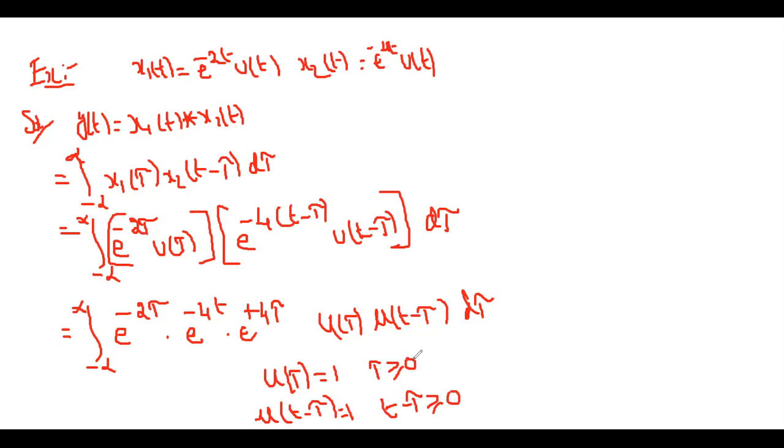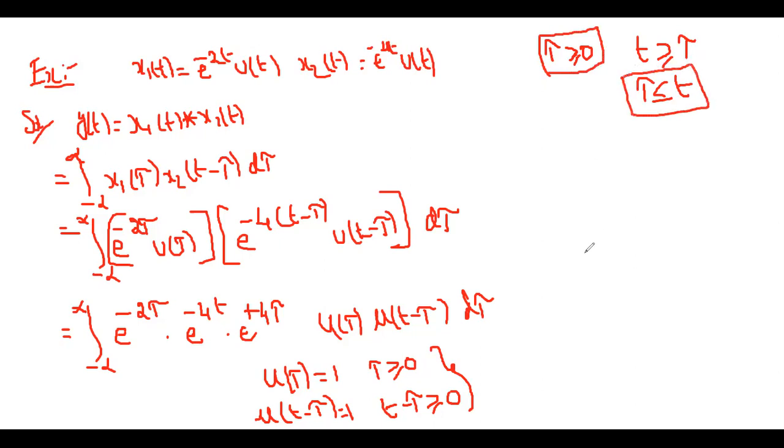The step function is 1 for positive values from 0 to infinity, and mu of t minus tau is also 1 for t minus tau greater than or equal to 0. Using these two relations, tau is greater than or equal to 0, and t minus tau greater than or equal to 0 means t is greater than or equal to tau. So tau is less than or equal to t. Now, tau is greater than or equal to 0 and tau is less than or equal to t.